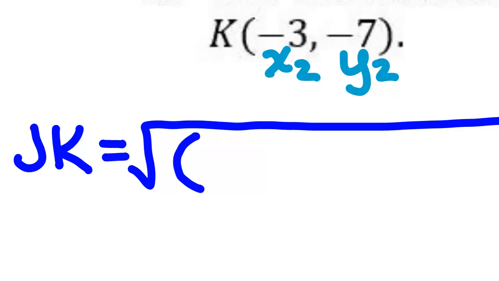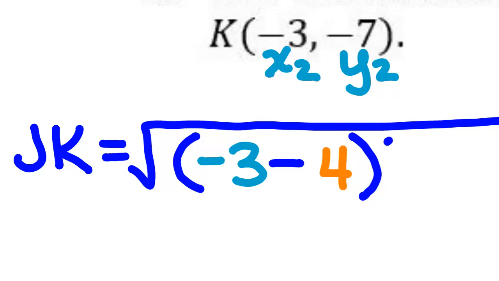We do x2 minus x1. What is the number that goes with my x2? -3. So I have -3, and then it's always minus when we find distance. We always take the first number minus the second number when we do distance. So -3 minus my x1, which is what? 4. Close my parentheses and square it.